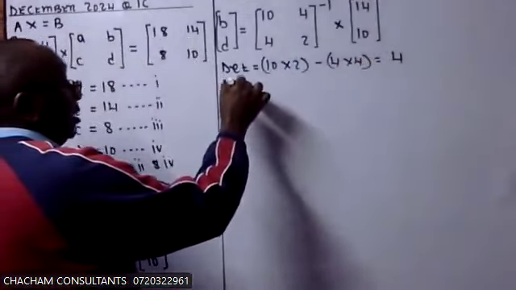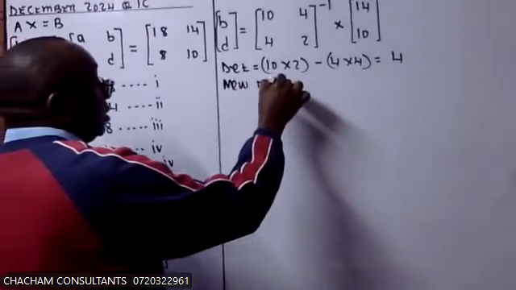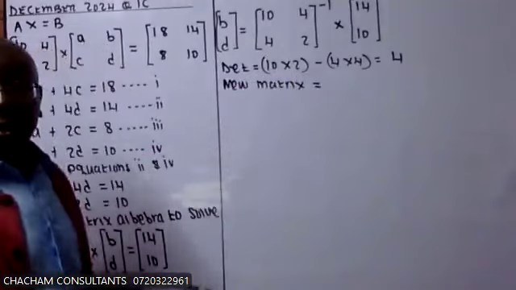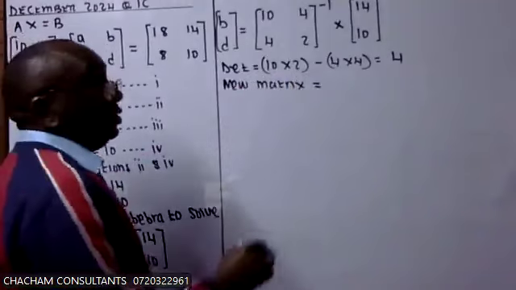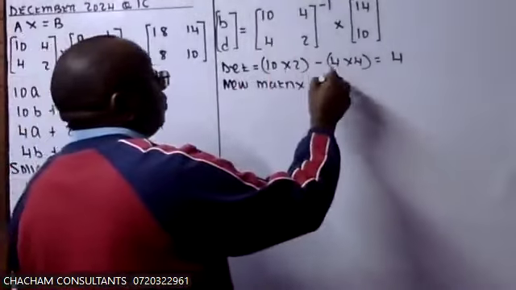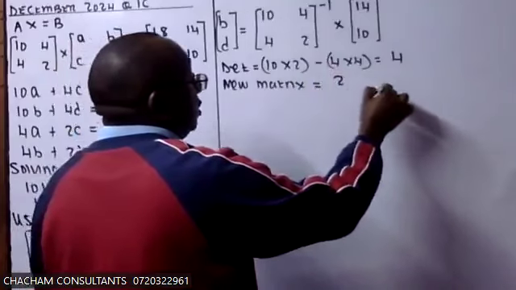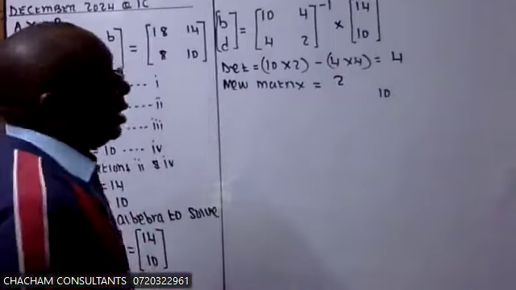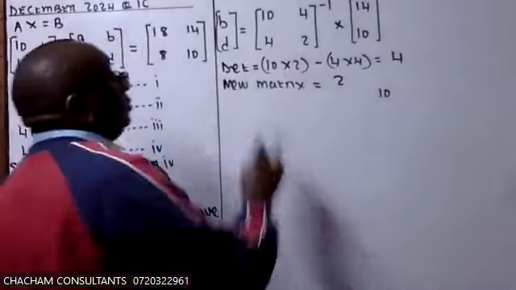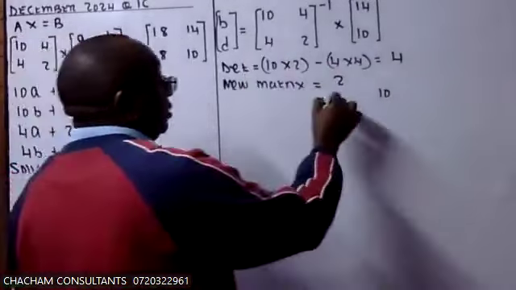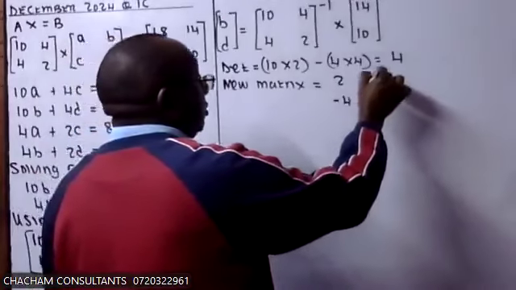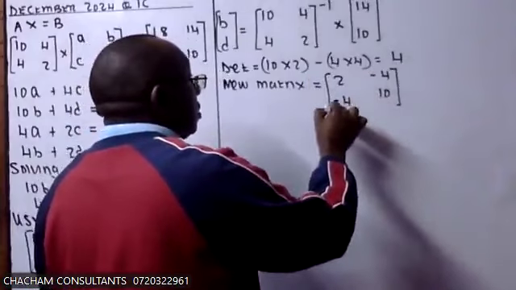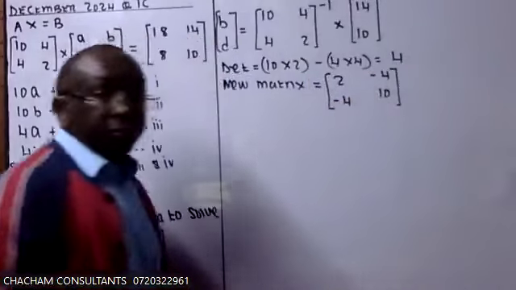Then you get the new matrix. New matrix, tumesema, you change the positions. So this is 2, this is 10. Then here, you change the signs. So this is minus 4, this is minus 4. That way.